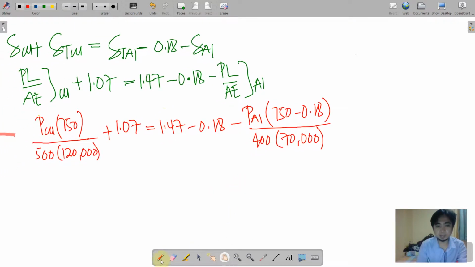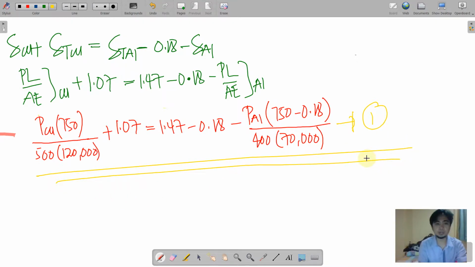So as we can see now, we cannot proceed further because there are two unknowns here, so that we will have another equation in order to supplement this first equation. So what did I tell you a while ago? We are solving by utilizing the three equilibrium equations and then supplement it by the elastic deformation.